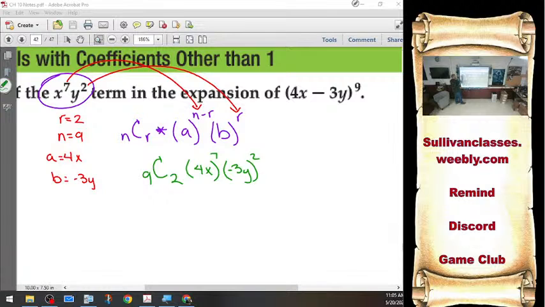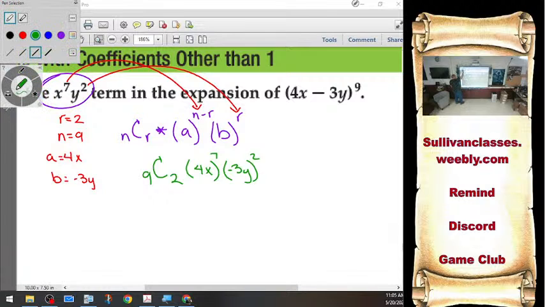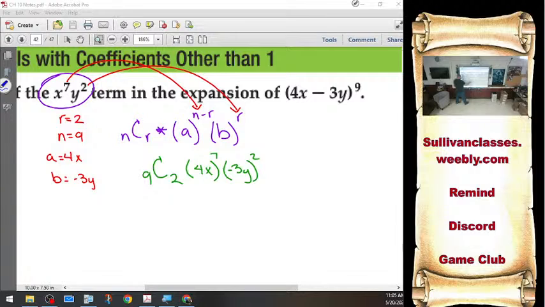Now we already know that it's going to end up x to the 7th, y to the 2nd at the end. But can you take 9 combination 2 times 4 to the 7th times negative 3 squared? It's going to be big.